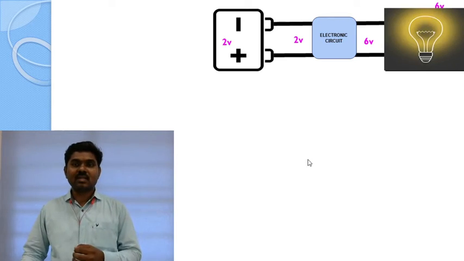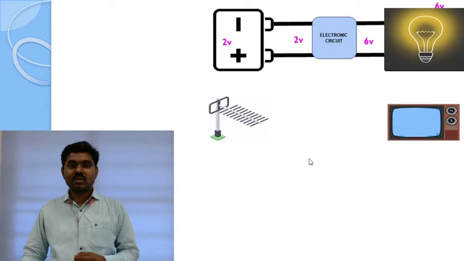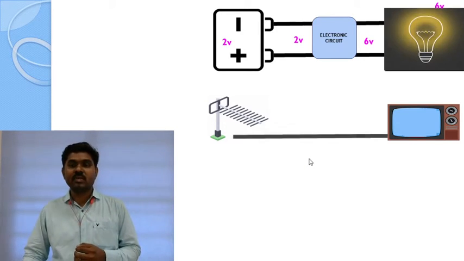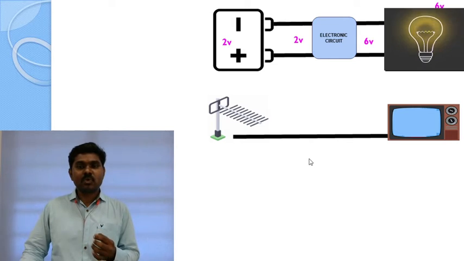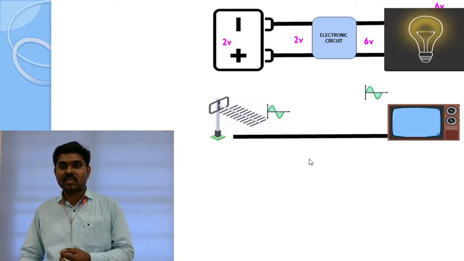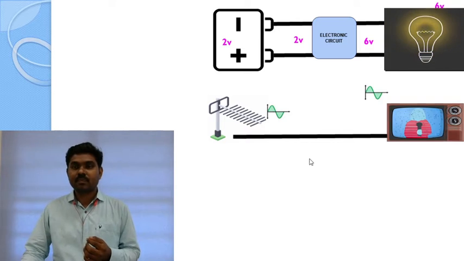Let's move on to another example. We have an antenna and we have a television. The distance between antenna and television is about 1 kilometer. So the signal at this point is very low. It is a weak signal. So the same signal the cable carries to the television end, which causes streaming of unclear picture.